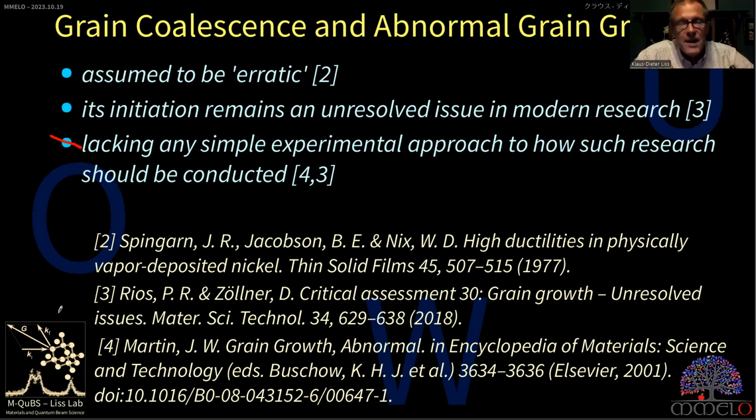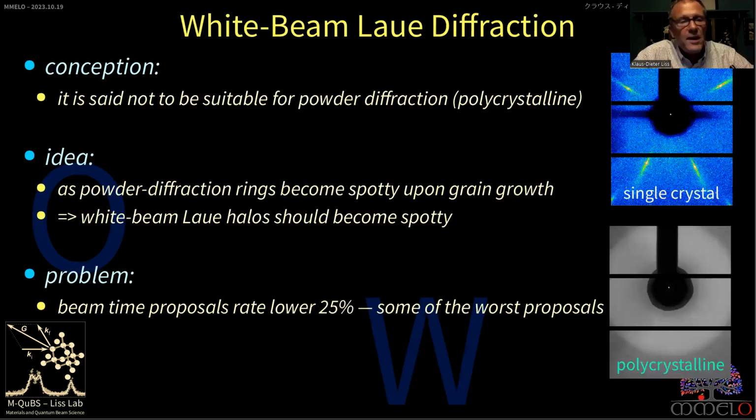So let's try this wide beam Laue diffraction. The conception with wide beam Laue diffraction, however, is that it is not suitable for powder diffraction, so not suitable for polycrystalline material. And why? From a single crystal, I get this colorful figure here. This is silicon.